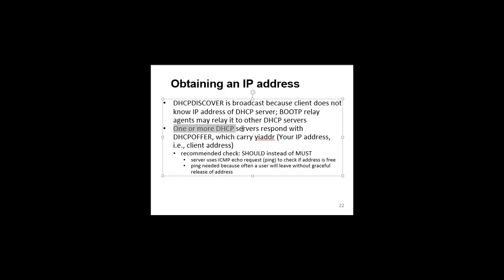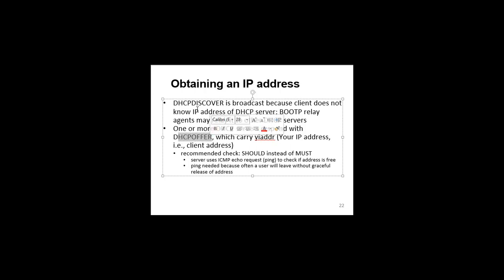One or more DHCP servers respond with a DHCP offer, and this DHCP offer includes this YIADDR, your IP address. So it will respond by providing you your IP address, that is the client address. You are the client, so you will receive your IP address in this DHCP offer message.